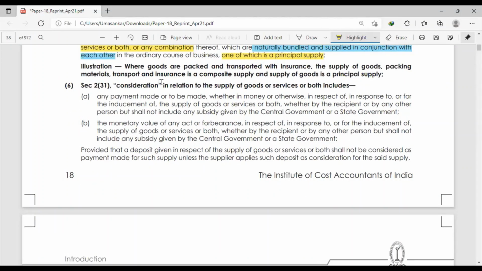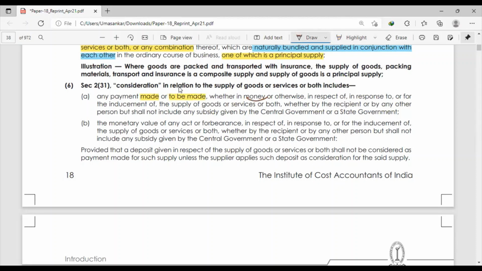Consideration. This is the main motive of any business activity. What do we get? Obviously consideration or money. So any payment made or to be made. Made means already made in the past. To be made means it will be made in the future.